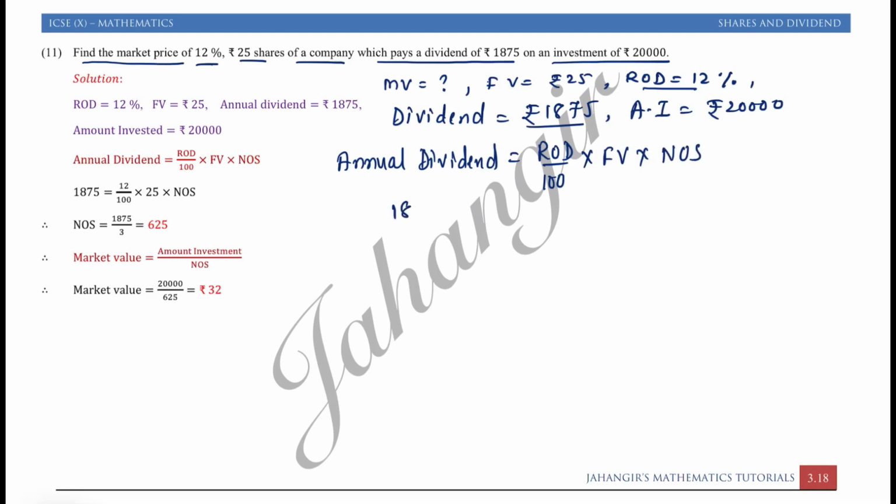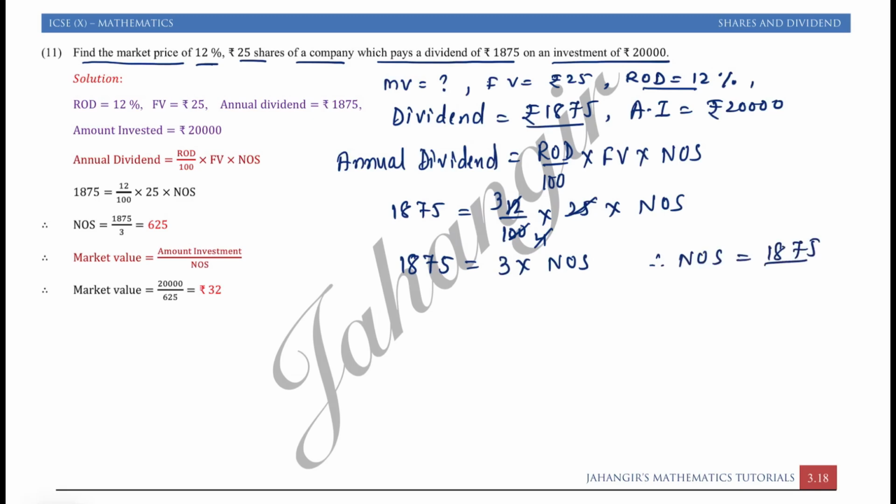So 1875 is equal to 12% of face value 25 rupees into number of shares. 25 ones are 25, 4s are 4, 3s are 12. So 1875 is equal to 3 into the number of shares. Therefore the number of shares is equal to 1875 upon 3, which is 625 shares.